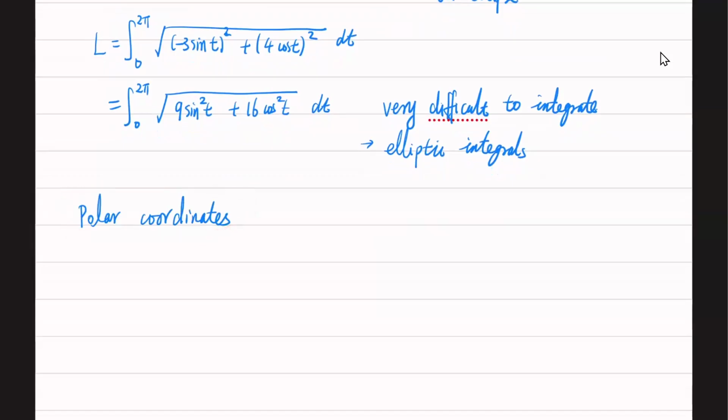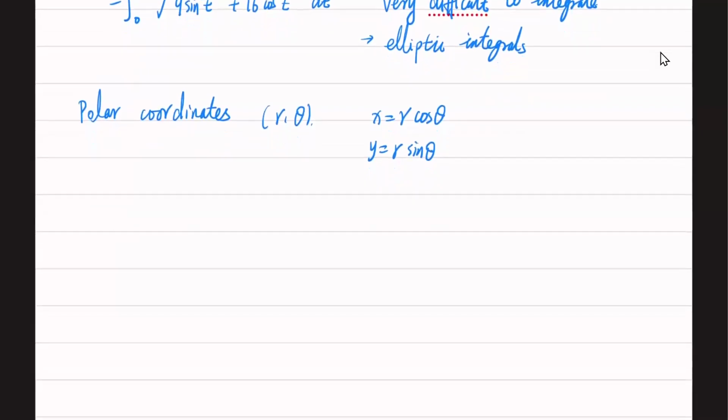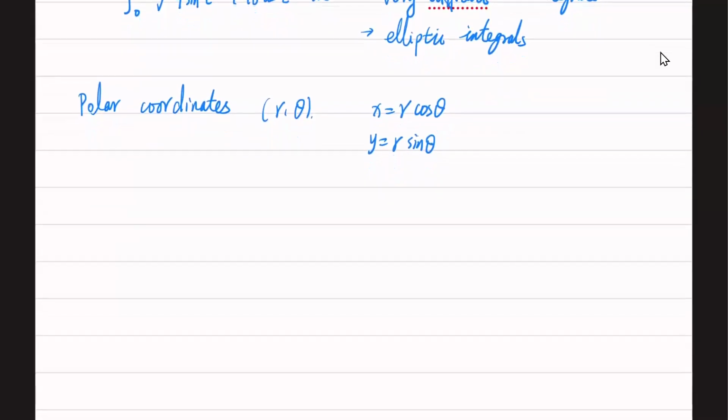So what are the polar coordinates? r and theta. x is r cos theta. And the other way is x squared plus y squared is r squared, and tangent theta.